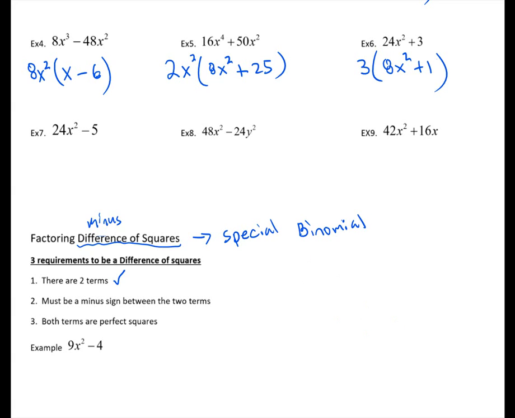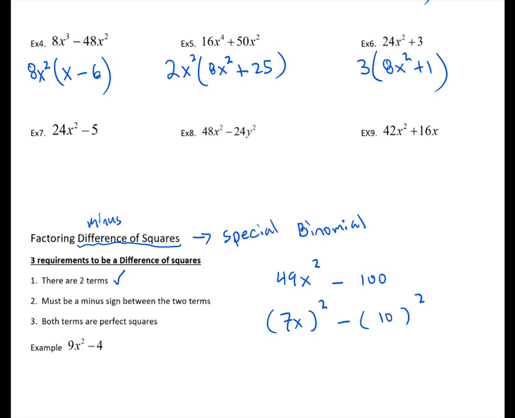Let's do one more. How about x squared minus 100? Can we make this binomial fit this pattern? Yeah, this is going to be 7x, and this is going to be 10.